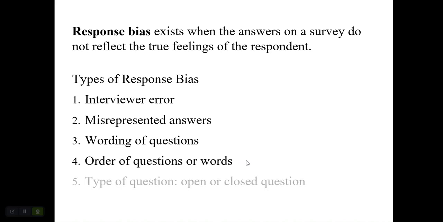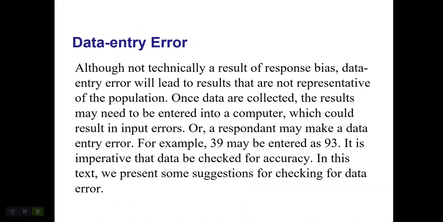Then there's the type of question, open or closed. The way you ask a question can also influence people's responses. And of course the last thing here is that you got everything right, but you have a data entry mistake. That's not good either. So in order to get a good survey, there's a lot of work in between.